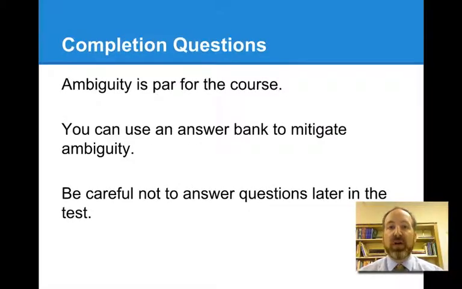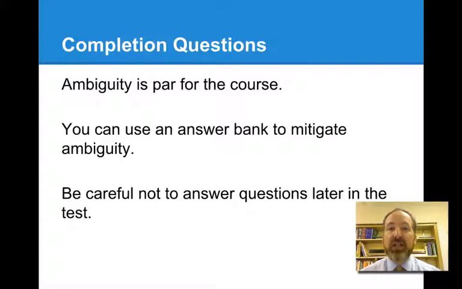Completion questions are often a very good way of knowing what your students know. Ambiguity is par for the course. When you put up a blank on a page, the students might fill it in with a correct answer that you had not intended. That is rather difficult to get around. One way that you can mitigate ambiguity is by using an answer blank. If you use an answer blank, your students can easily see that you have a certain set of expected answers, and then they can guess from that answer blank.